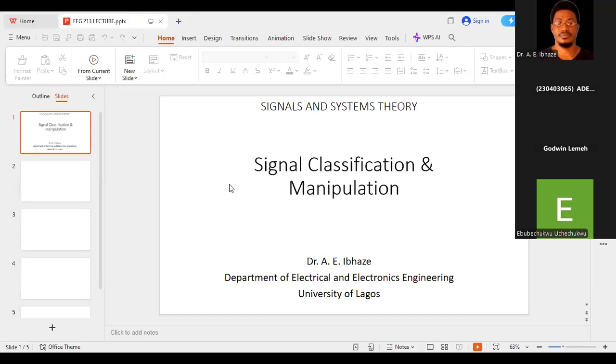Now, the fundamentals of electrical engineering equips you with the necessary tools to solve problems. It doesn't give you an exact solution or a particular approach.